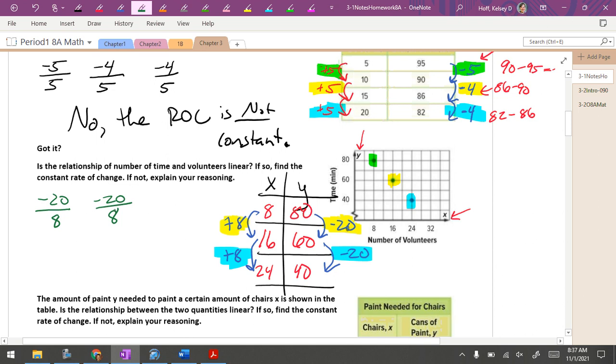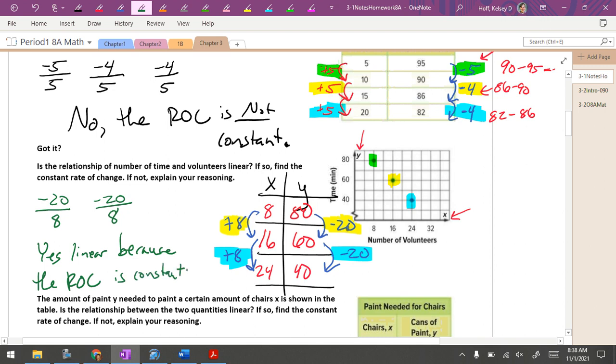If we have a constant rate of change, what do you know? They're the same. What was the question they asked us? If it's linear. So we would say, yes. Yes, this is linear. Because the ROC, Ms. Hoff lets us use ROC, which stands for rate of change, is constant.